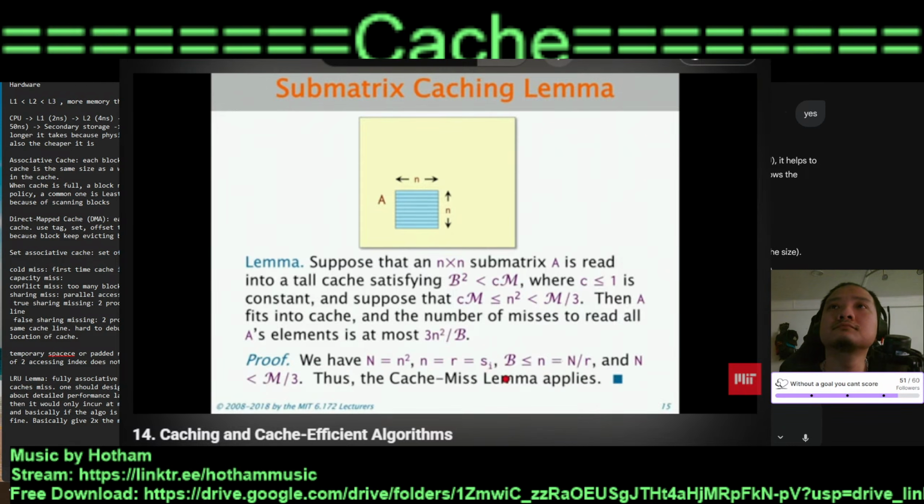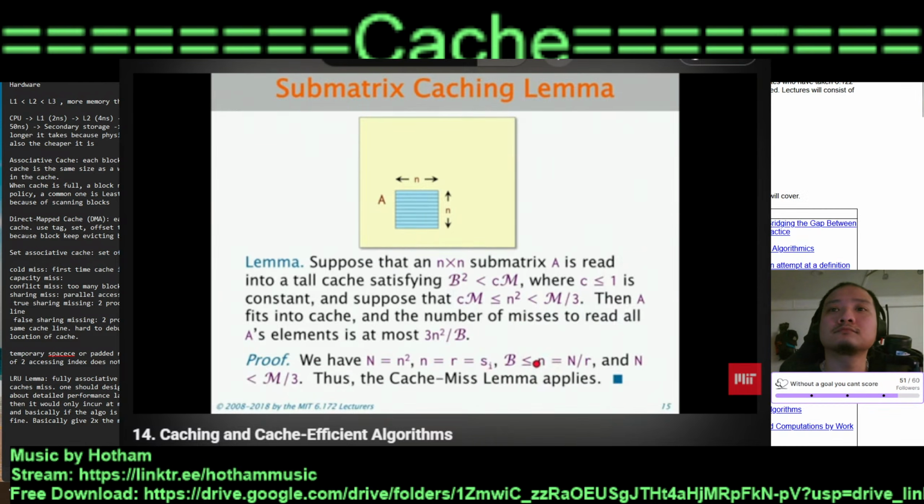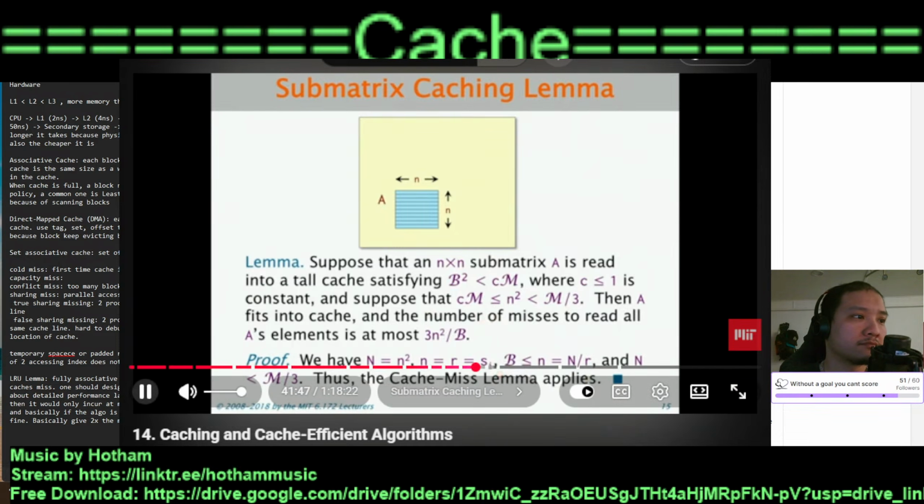And where do we get this property that B is less than or equal to n? I made some assumptions up here that I can use to infer that.